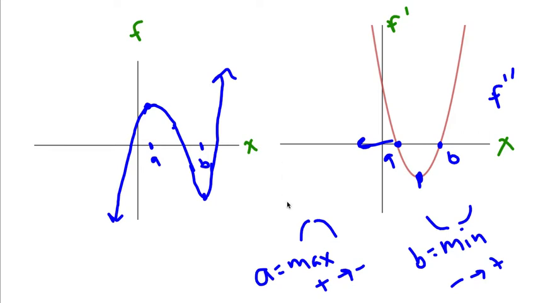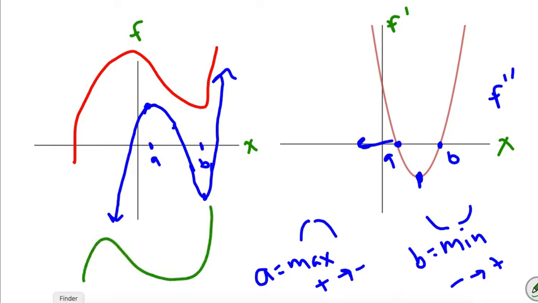Now, this graph could be anywhere. I could have drawn it right there. I could have drawn this graph up here somewhere. It would still have this same general look to it, but it could be anywhere on this graph, right? Like I could have drawn this blue graph up higher or down lower.